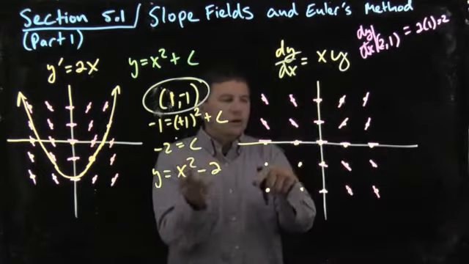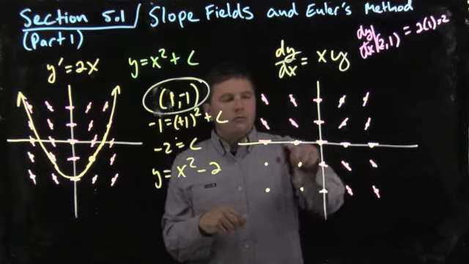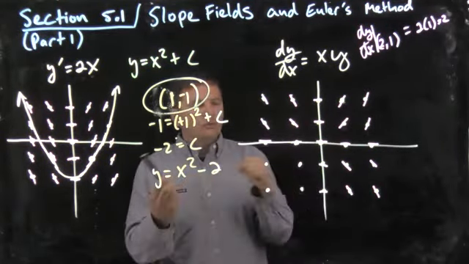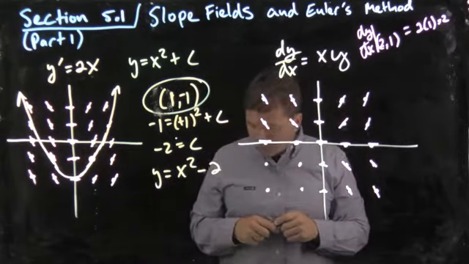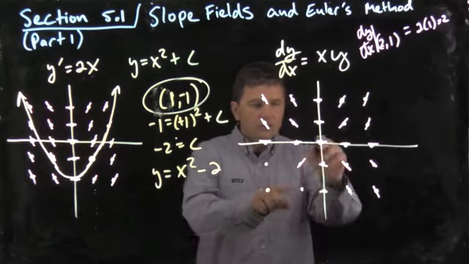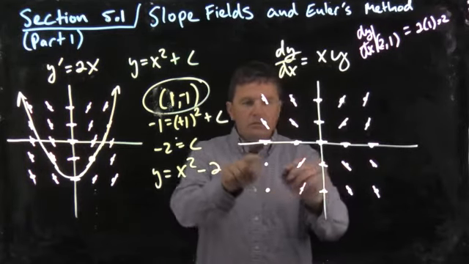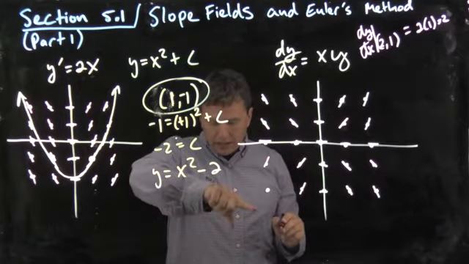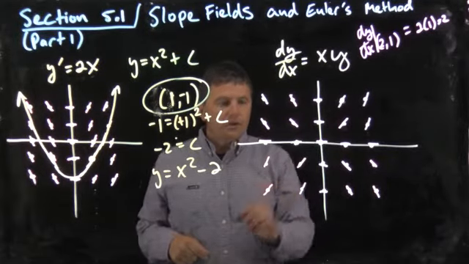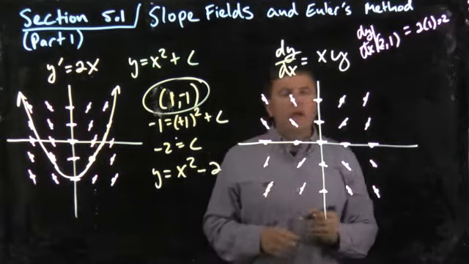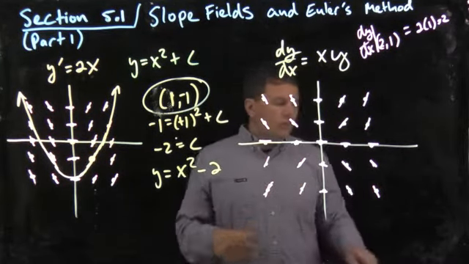Okay, now over here, same thing, except the slopes are going to be positive because both our x and y are negative, thus giving us a positive here. So this will be +1, +2, +2, and +4.